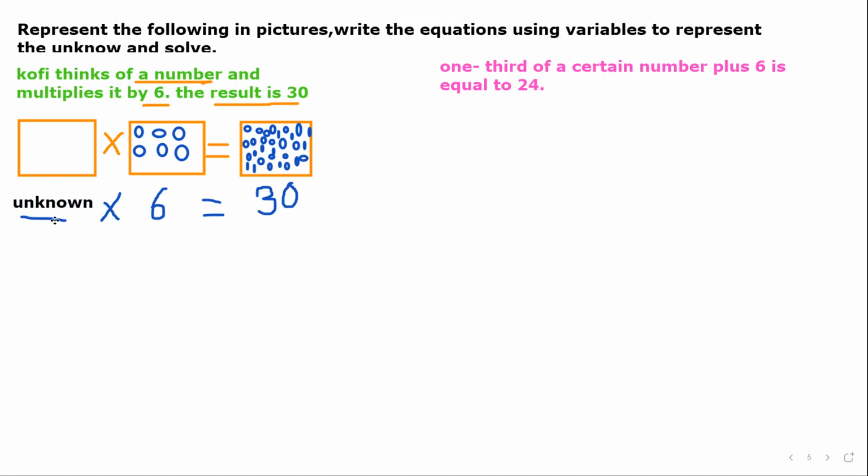So you choose a letter to represent the unknown. So let unknown equal to y. Okay, good. Now our equation will be 1y times 6 equal to 30.